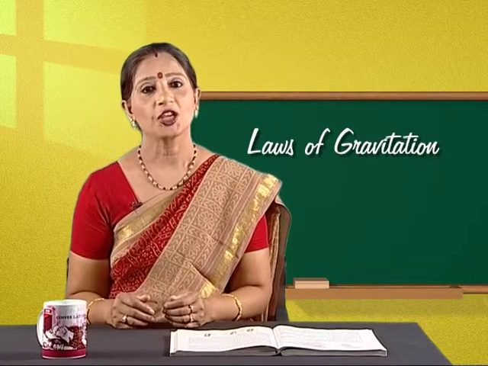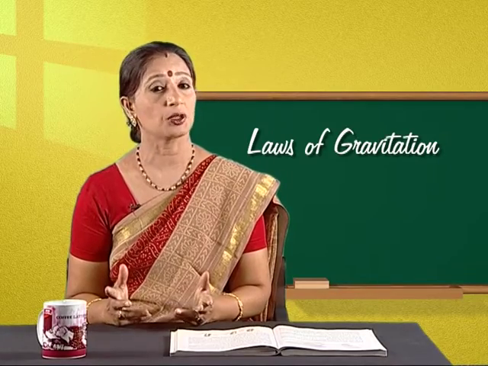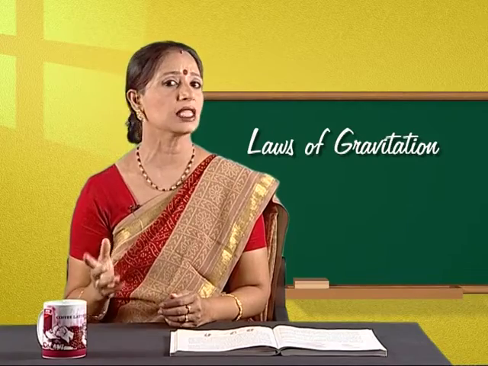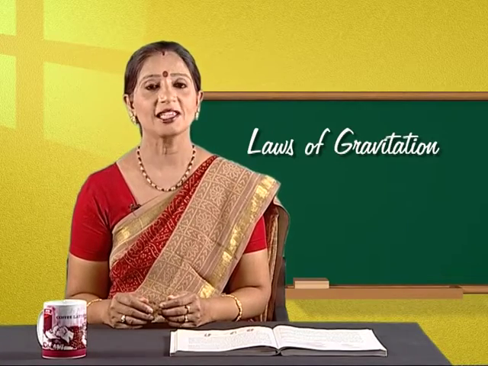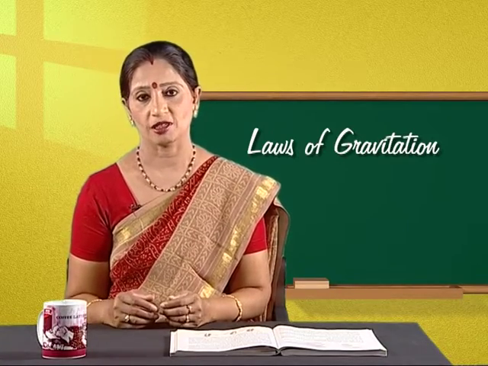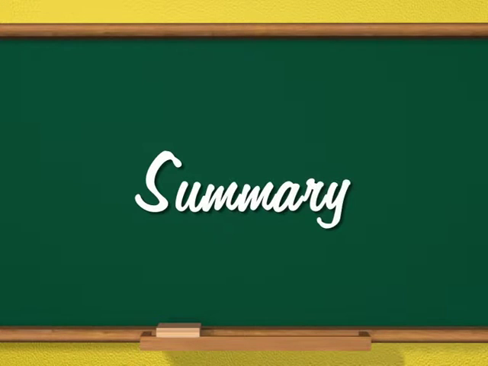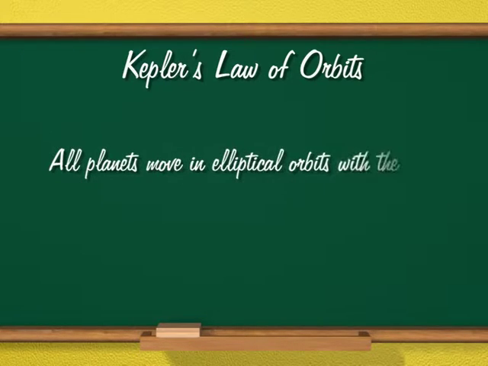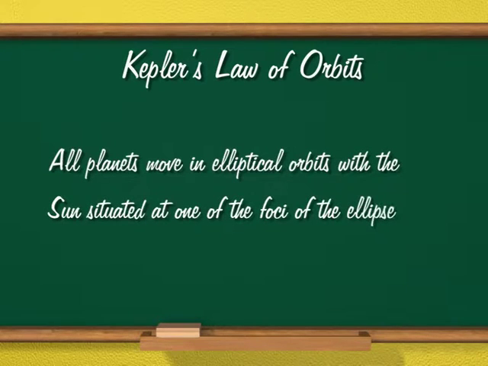I hope you are well versed with the concept of gravitation and the different laws governing the movements in the universe. Let us summarize today's topic. According to Kepler's law of orbits, all planets move in elliptical orbits with the Sun situated at one of the foci of the ellipse.